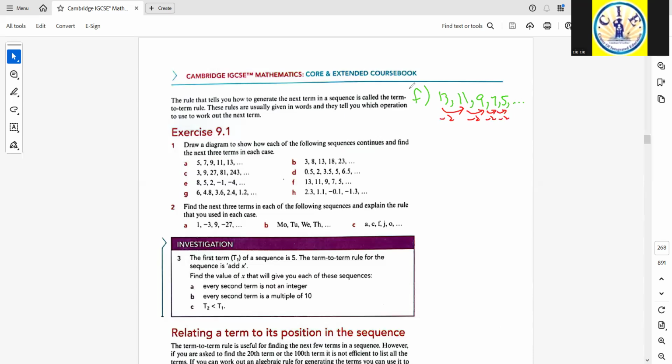So after 5, if you subtract 2, you get 3. Subtracting 2 once again, you get 1. And subtracting 2 once again, we get negative 1. So the next three terms are 3, 1, and negative 1.